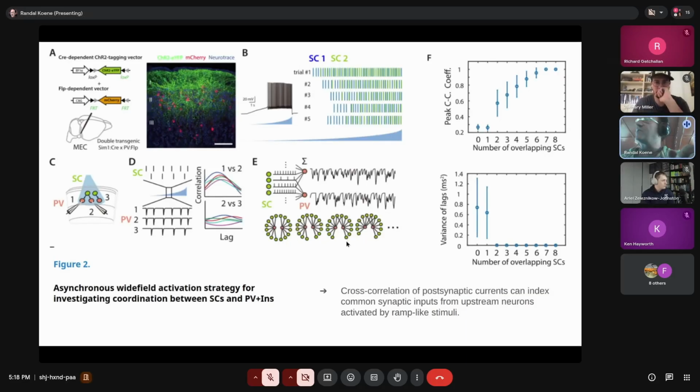And that's to show what kind of a difference it will make if cells are being activated by the same stellate cells or not, using this overlap as a way to test that hypothesis, that you can figure out where your activity is coming from, even when we don't have the very focused activation yet. So in these results, you can see that the cross correlation of postsynaptic current, as we see here in F, can index the common synaptic input from the upstream neurons activated by a ramp-like stimulus.